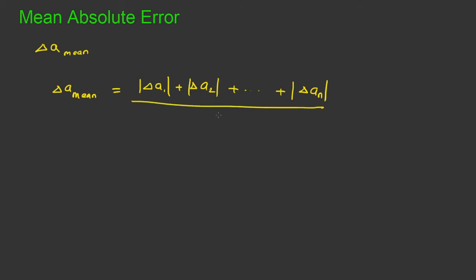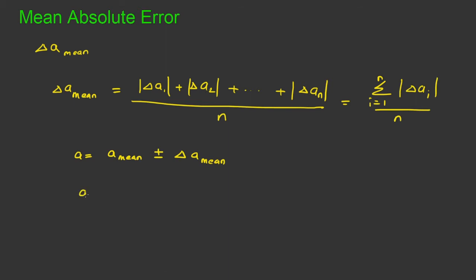Therefore, delta A mean is equal to delta A1 plus delta A2 plus etc. plus delta AN divided by N. That I can write as sum of i equal to 1 to N of delta Ai divided by N. That is, the value we get for one measurement may be in the range A is equal to A mean plus or minus delta A mean.